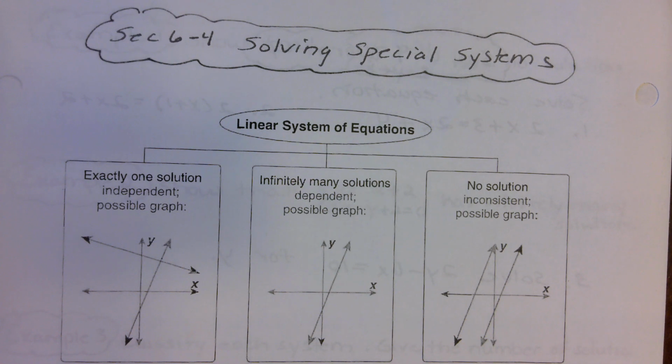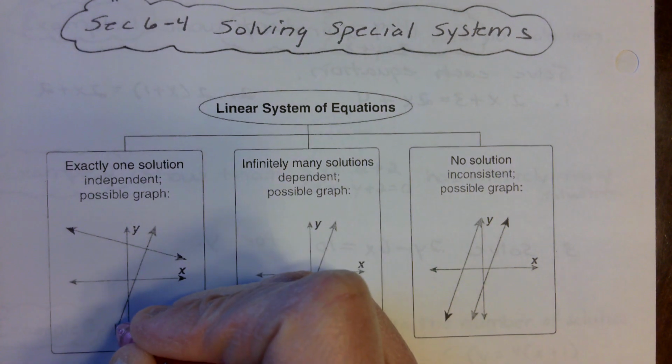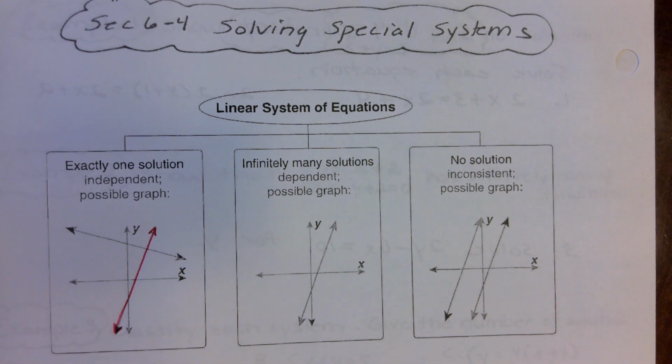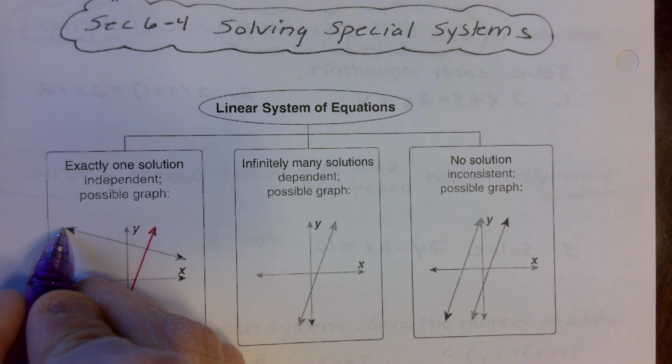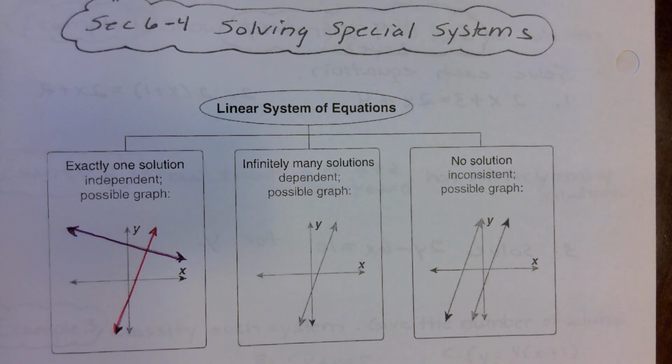You're going to want to have your highlighter out and different colored pens for this one so that you can clarify the difference between them. So the main way we started is with a situation where we took two different graphs, two different lines, and we said, hey, we're going to graph these and try to figure out where they intersect.